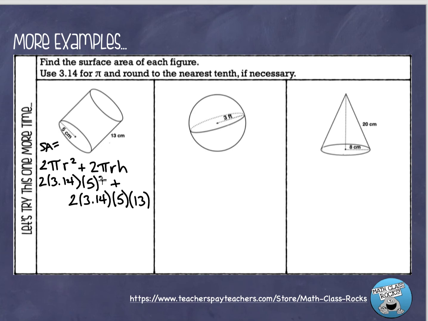All right, here we go. Let's multiply this first part. So 2 times 3.14 times 5 squared, and that's going to give us 157. So this first part, when I multiplied it, is 157 plus. Now we're going to do the second part. So we have 2 times 3.14 times 5 times 13, and that gives us 408.2.